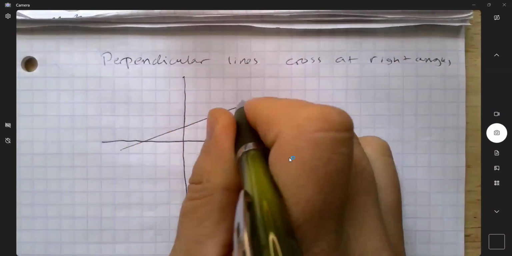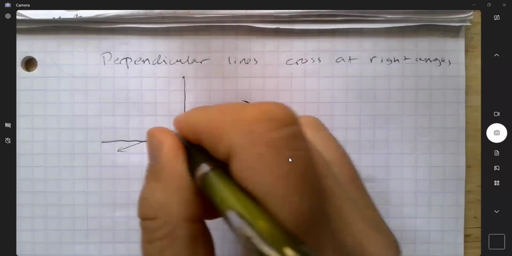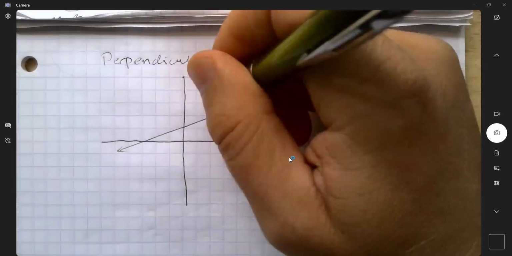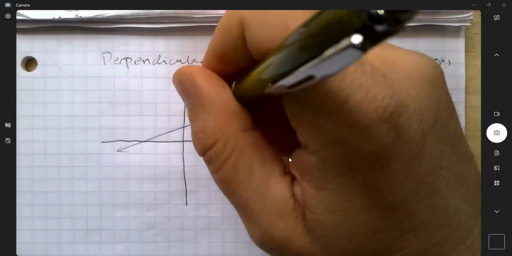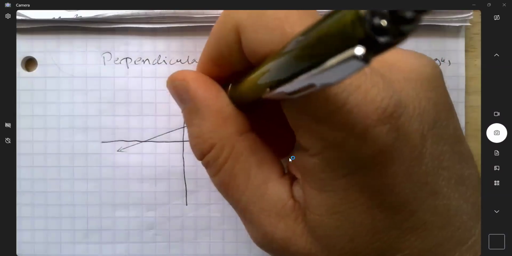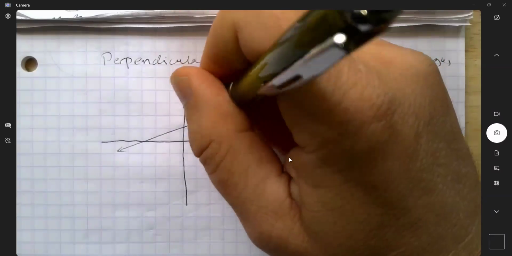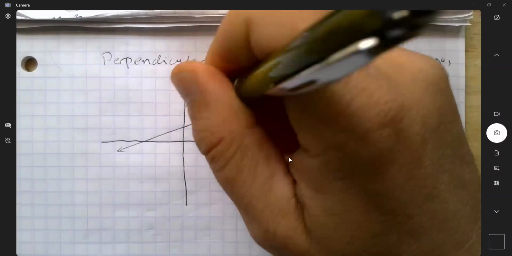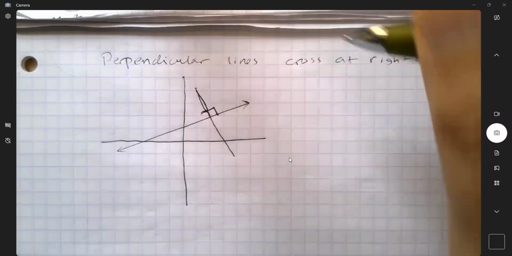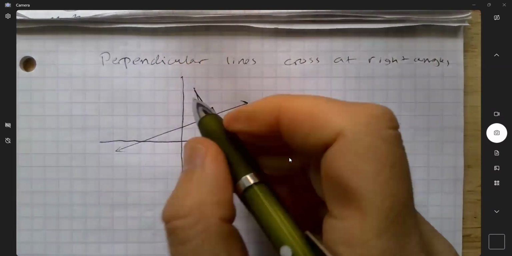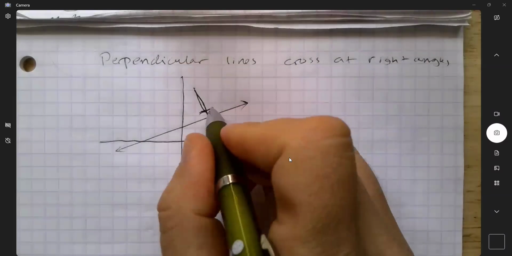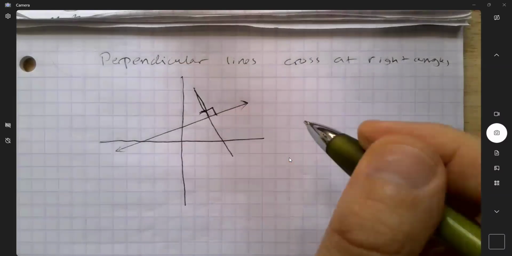Here's one of my lines. And if I have a perpendicular line, it's got to cross at a right angle. So if I think about a nice right angle right there, there's my little right angle. We know we make it a right angle if we can draw a little square and it fits right where those lines meet.